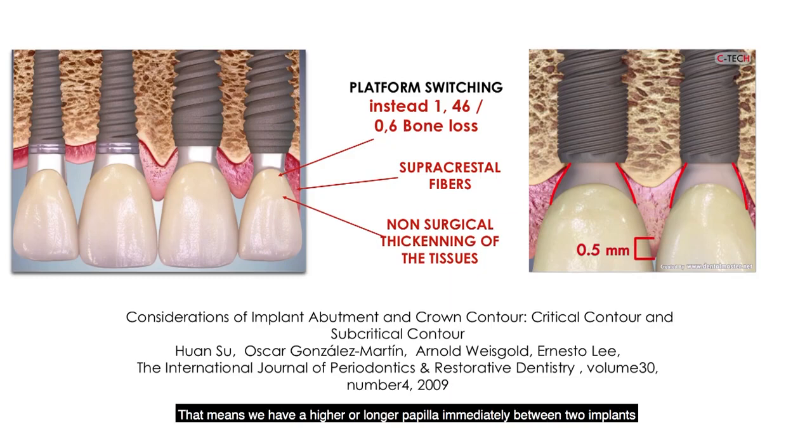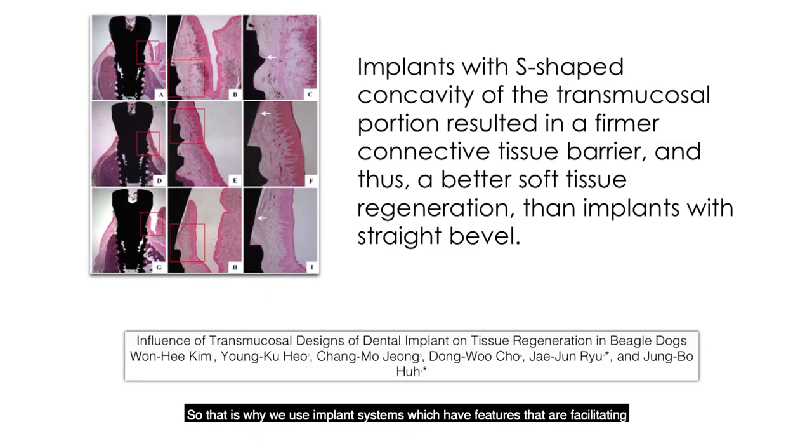That means we have a higher or longer papilla immediately between two implants, respectively between two implant crowns, than we would have had in a conservative design of the implant and of the prosthetic parts. So that is why we use implant systems which have features which facilitate the aesthetic outcome in adjacent implant situations.